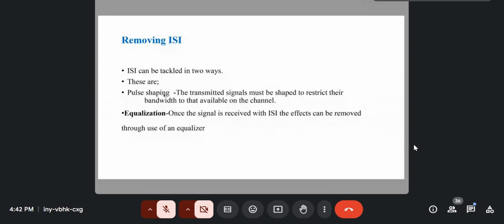If you transmit a sinc pulse or another pulse, or a class of pulses which we call zero ISI pulses, you can get your pulse to the receiver without them feeling the other pulse. But among that class of pulses, only the sinc pulse is not realizable. So we are going to see what is realizable.